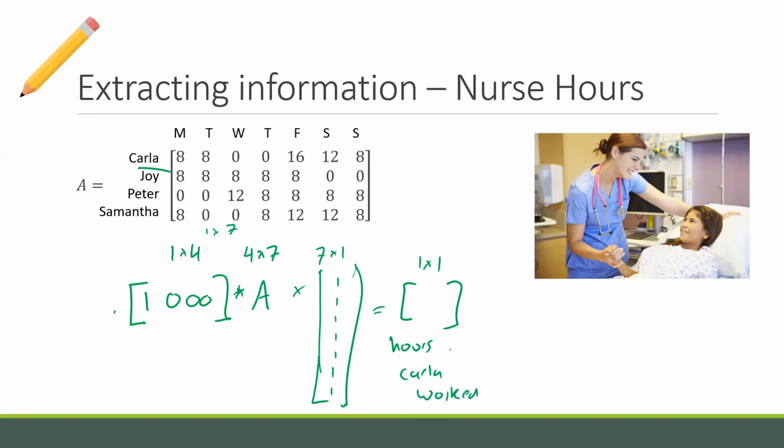So it's actually combining two ideas: the summing of all the columns and the summing of all the rows together. You could do this with all ones and find out all hours for the week. But if you replace this with 1, 0, 0, 0, then you find all the hours worked by Carla. It's just a neat little trick that you can do.